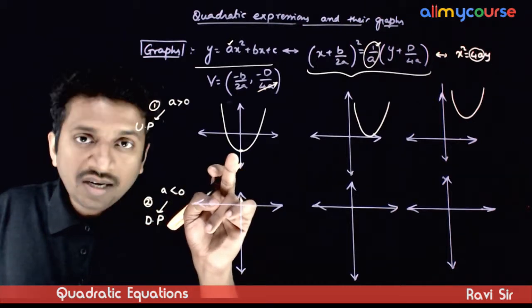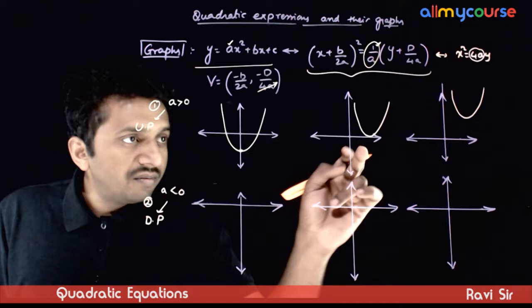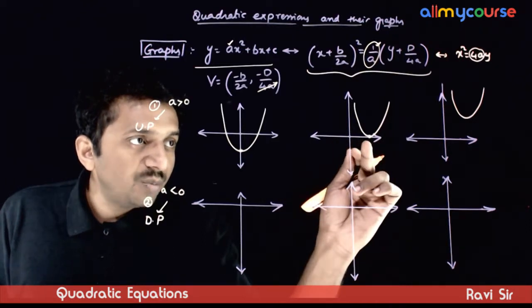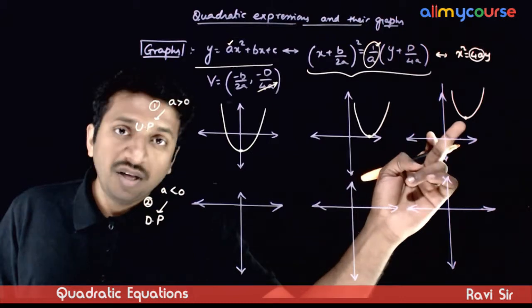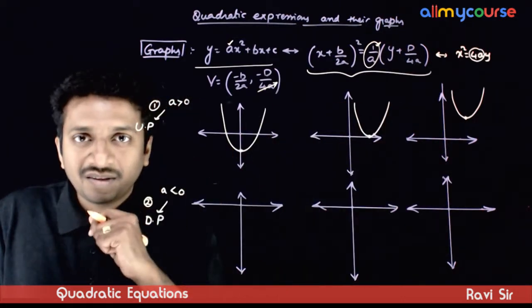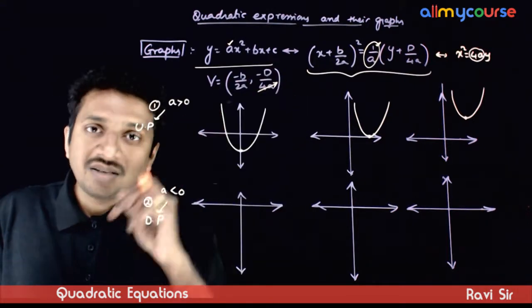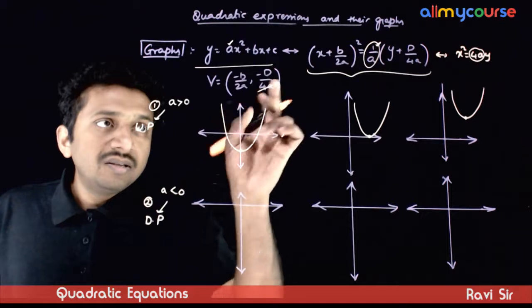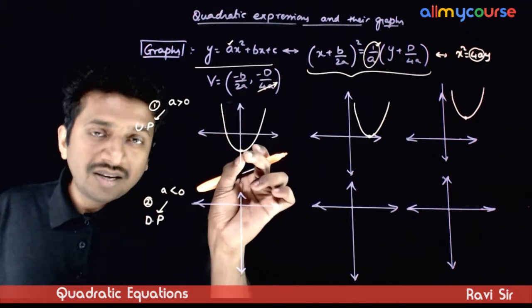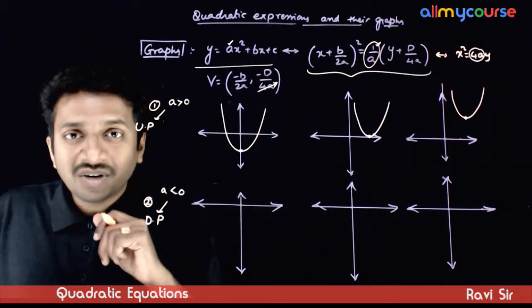If it touches, the y-coordinate of the vertex has to be equal to 0. If it lies above, the y-coordinate of the vertex has to be positive. Now the vertex's y-coordinate is nothing but minus d by 4a. We have assumed that a is positive. So the sign of the vertex depends only on the sign of the discriminant.